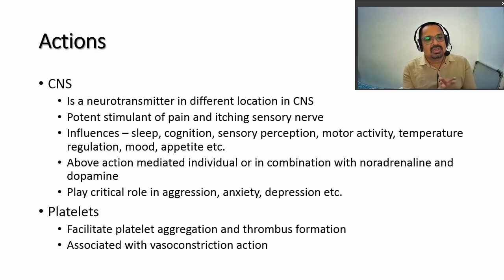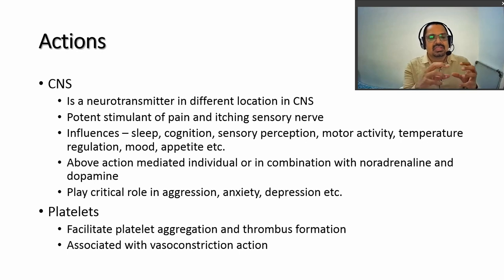Now the action on the CNS: serotonin is also found in the CNS, therefore it also gives action in the CNS. It is a potent stimulant of pain and itching sensation. It also plays an important role in induction of sleep, cognition, sensory perception, motor activity, temperature regulation, mood, and appetite.